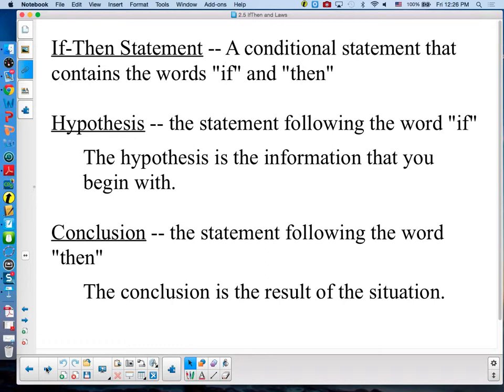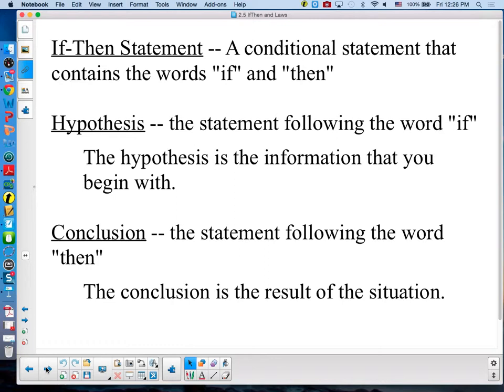Now the term hypothesis here is what you begin with. You use hypothesis in science also. What does it mean in science? The educated guess. Is that what you begin with, or the result that you think is going to happen? I think in science it's the result that's going to happen.